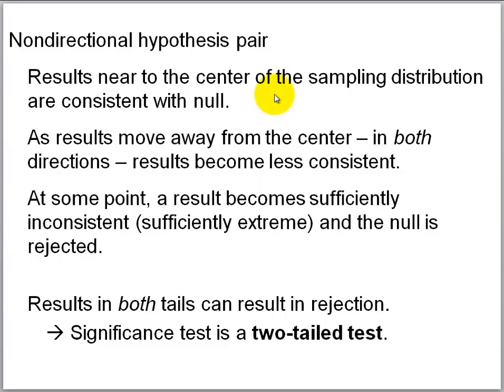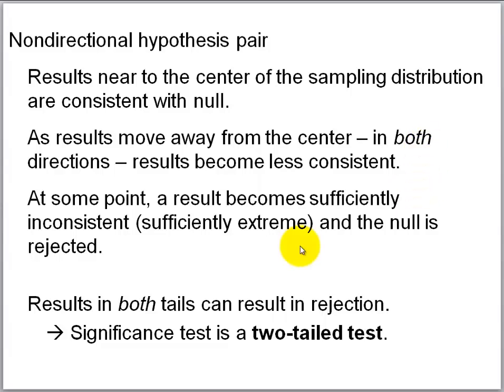The luck of the draw very, very often produces these kinds of results. And then as you move further from the center in both directions, towards the tails, the results become increasingly less consistent with a true null. In other words, less and less often does the luck of the draw produce such results.